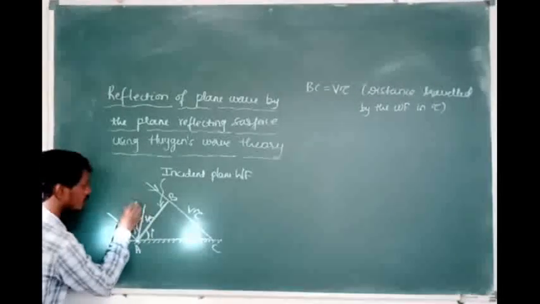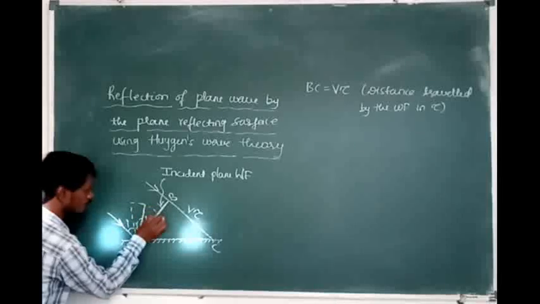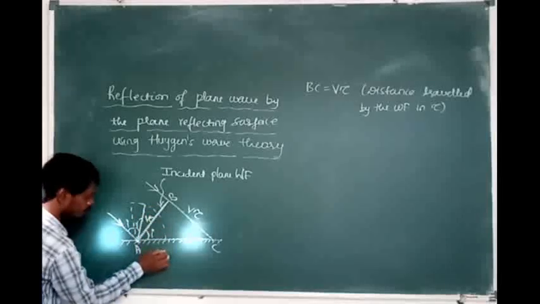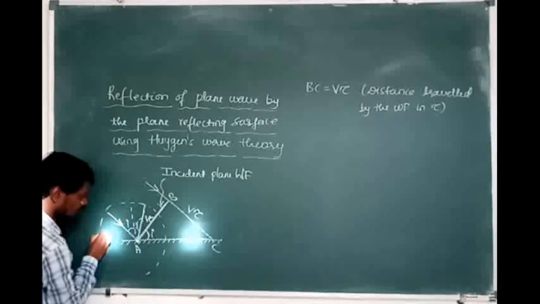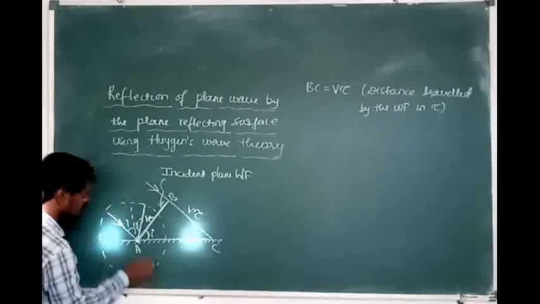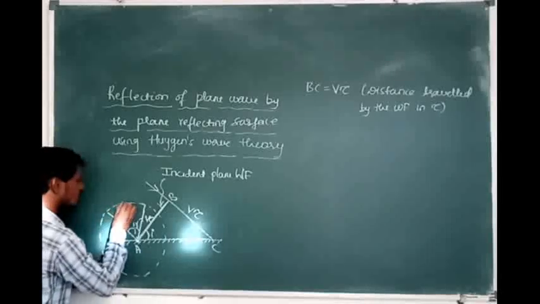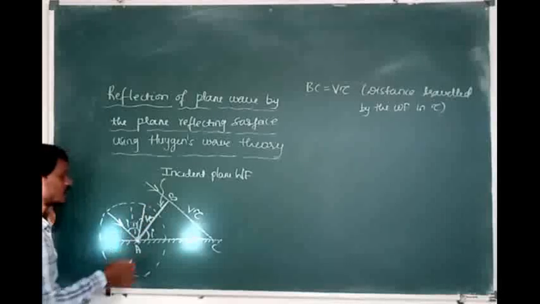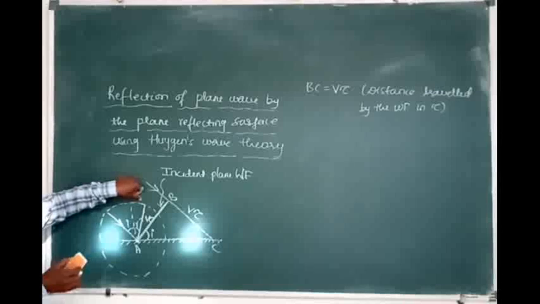Then we will get the reflected wavefront. I will take the part of the sphere, it is this sphere. By taking A as the center and v into tau as the radius, draw the sphere, then you will get the reflected wavefront.